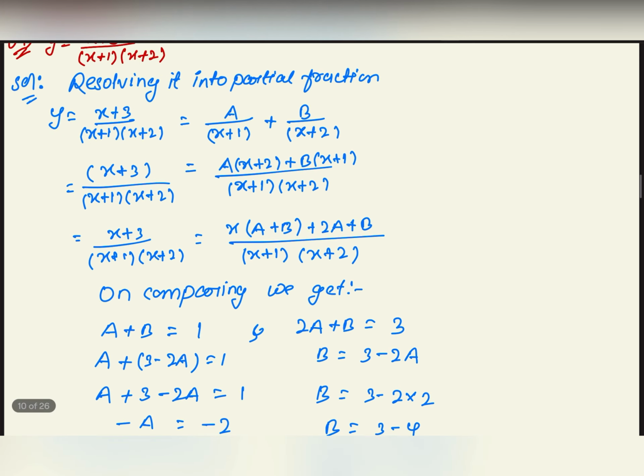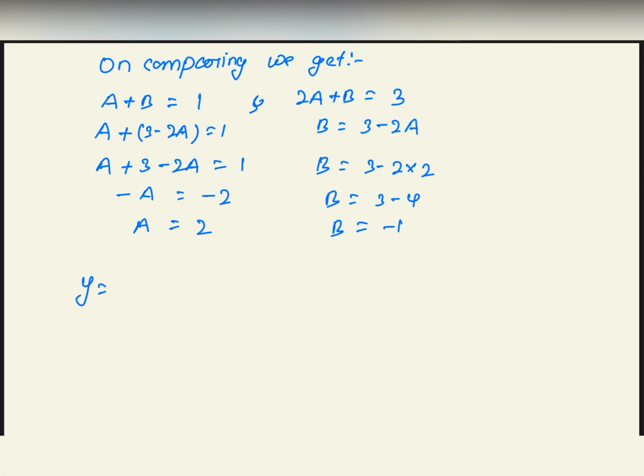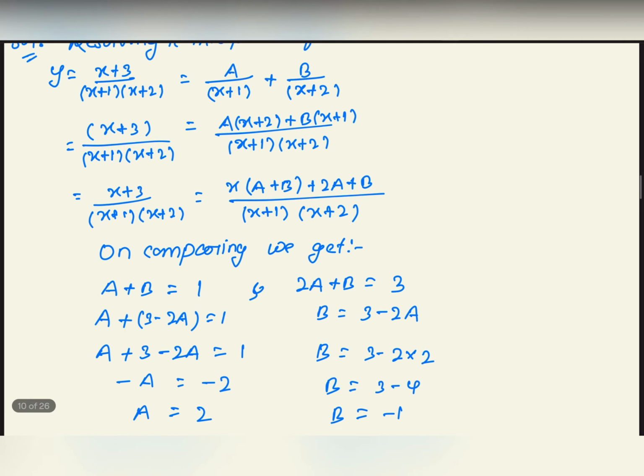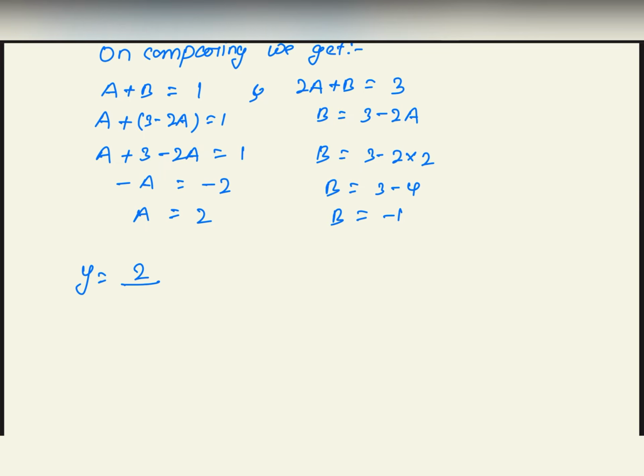Now put into where we resolve it into partial fractions, that is y is equals to 2 by x plus 1 plus minus 1 by x plus 2, that is y is equals to 2 by x plus 1 minus 1 by x plus 2.